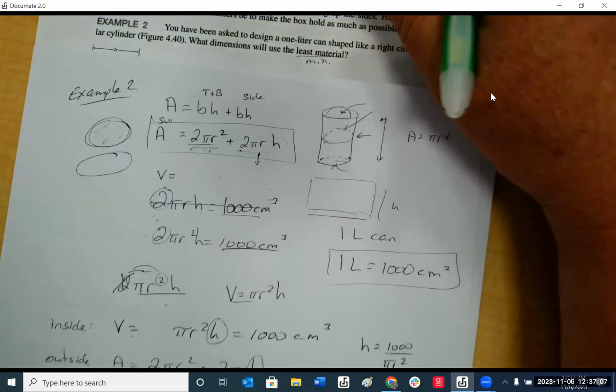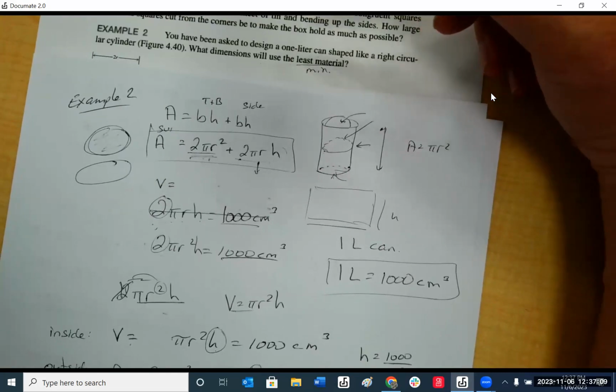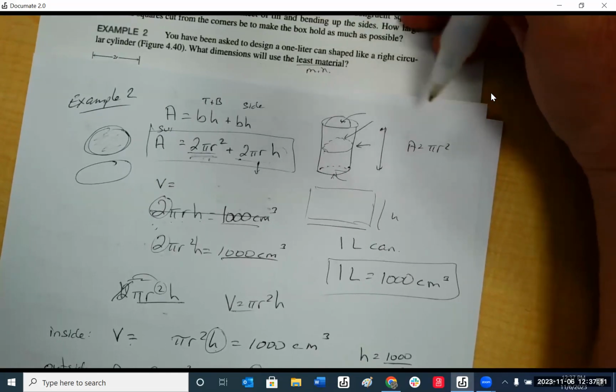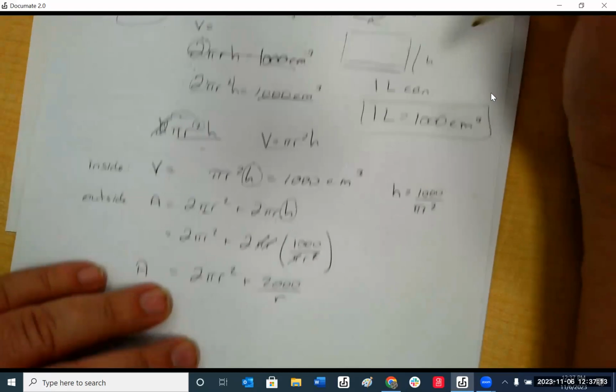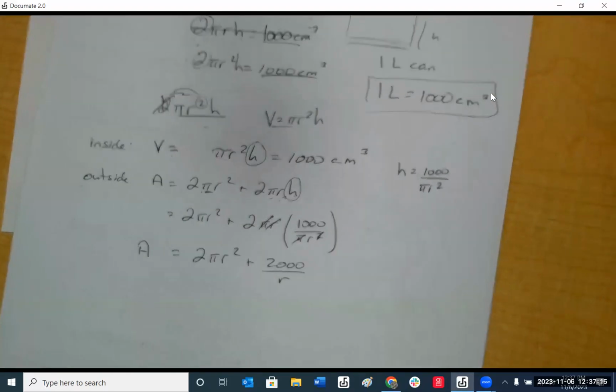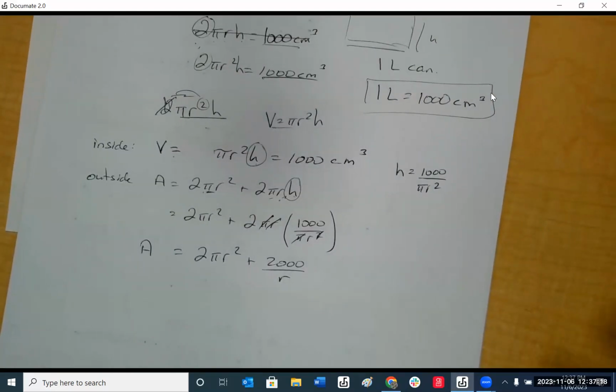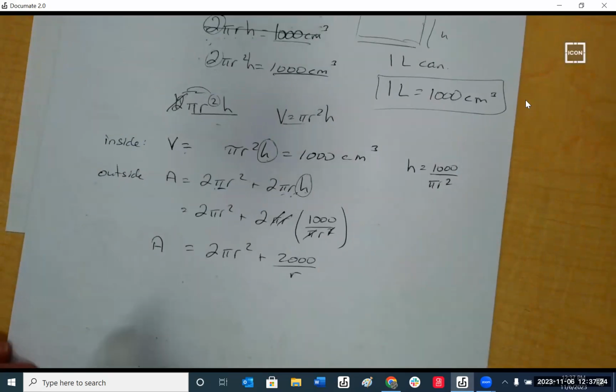The question is looking for the surface of the material, which will use the least amount. That's the minimum. So we have to take the derivative eventually and find the minimum, and check the bounds, the endpoints. So let's take the derivative.